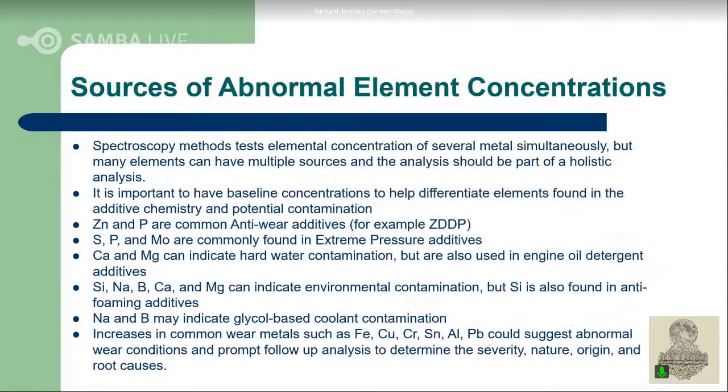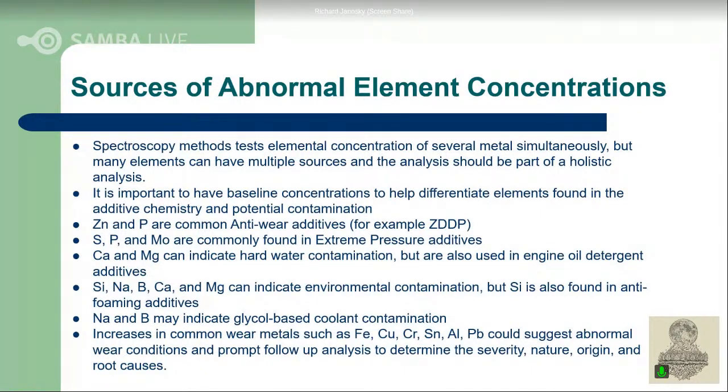Sources of abnormal elemental concentrations. As you're reviewing your grease report, it helps to understand where some of these abnormal levels could come from. Spectroscopy methods test elemental concentrations of several metals simultaneously, but many elements can have multiple sources, and the analysis should be part of a holistic analysis.